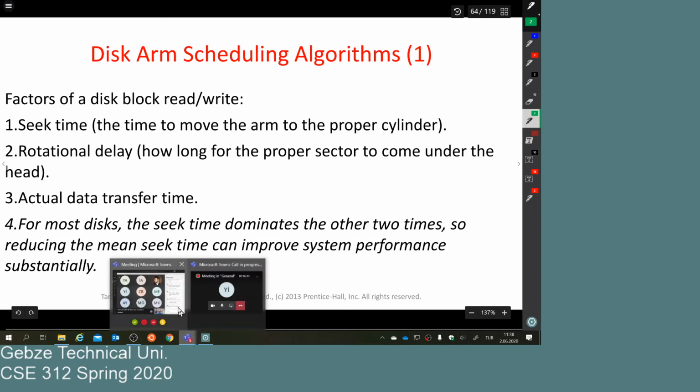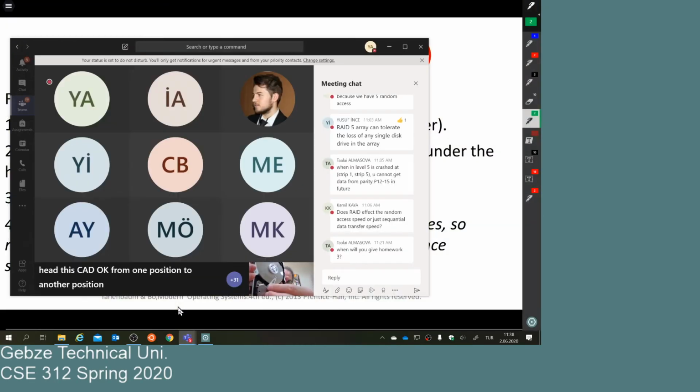This takes milliseconds of time. The rotation is very, very fast. So rotational latency is something that we need to be careful about, but disk arm movement is much slower.